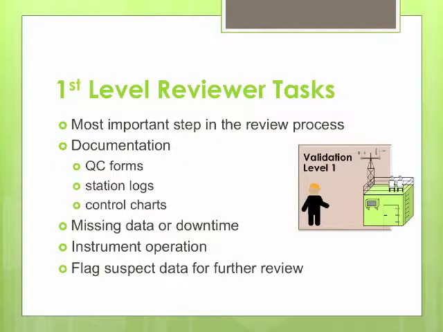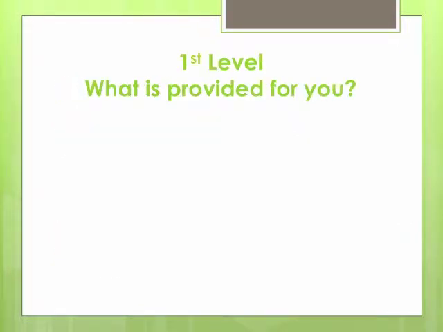Okay? So Reggie did a great job describing what you're supposed to do in level 1, right? You're the people who are the closest to the data, and you make sure you denote any downtimes, instrument malfunctions, etc. Flag suspect data for further review. So in level 1, what's provided for you?